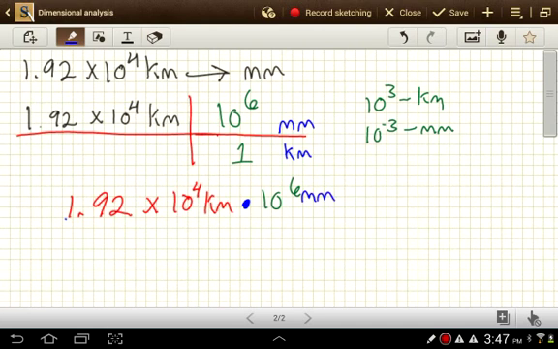Well, what happened to my kilometers? Well, down here, over 1 kilometer. They're going to be canceled out. I don't have that anymore.